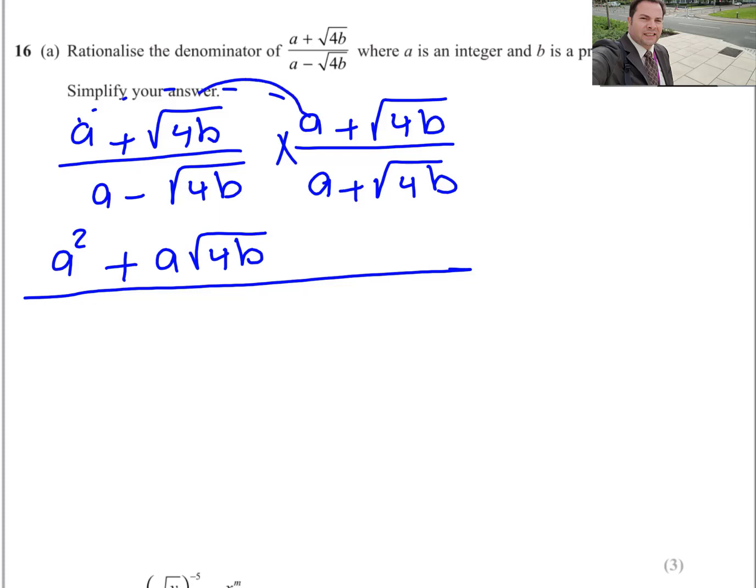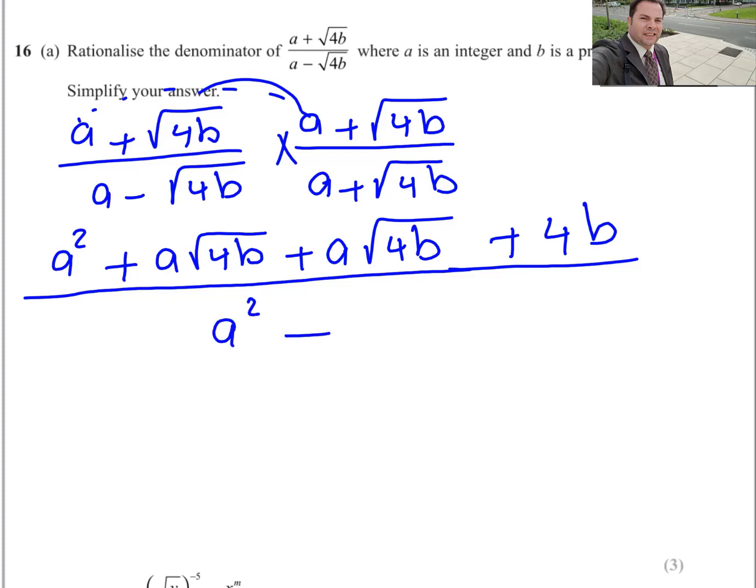Again, root 4b times a is a root of 4b, plus root 4b times root 4b, the answer is 4b because it's squared. The denominator, a minus root 4b and a plus root 4b, are a number and its conjugate, so you can write the first squared minus the second squared directly, or you can expand and simplify. So the answer here is a squared minus 4b.